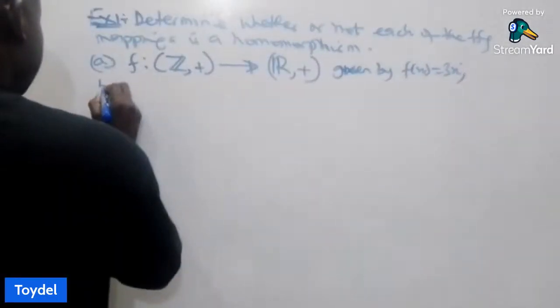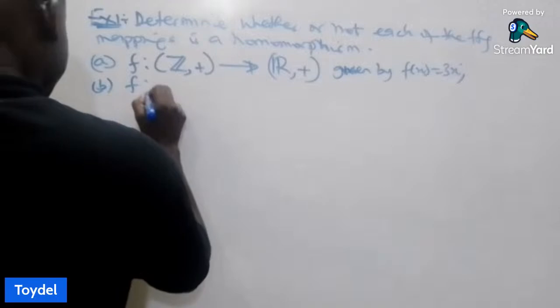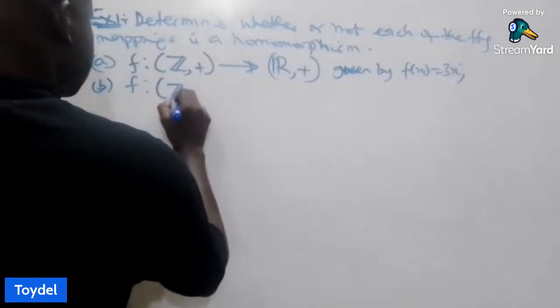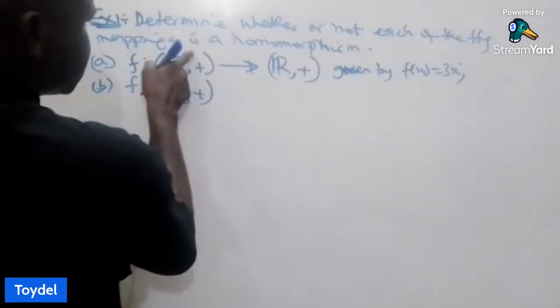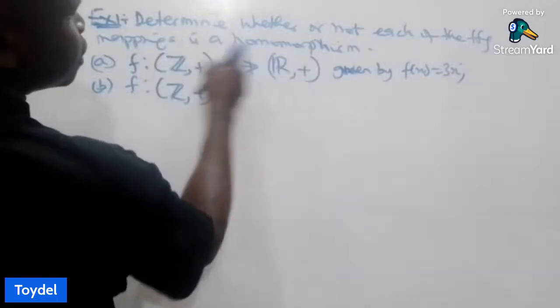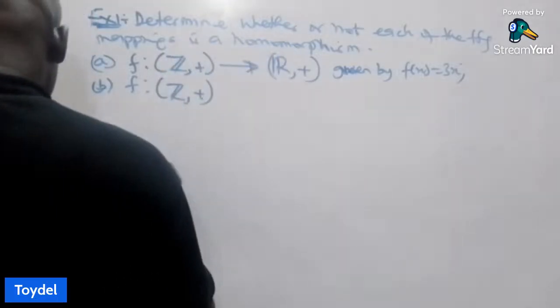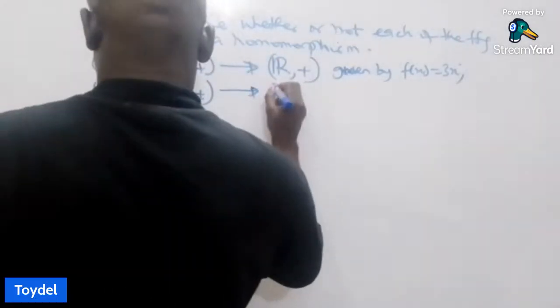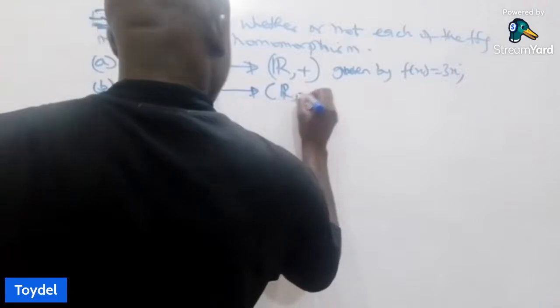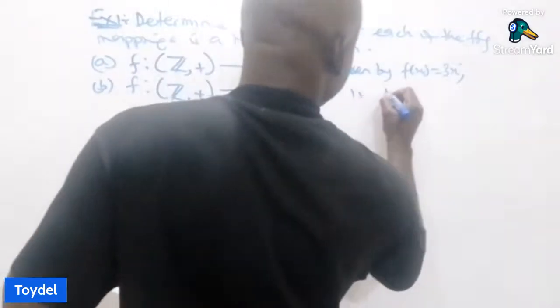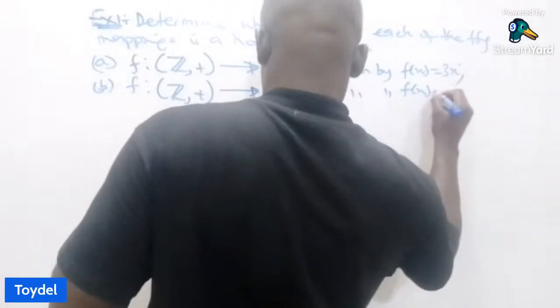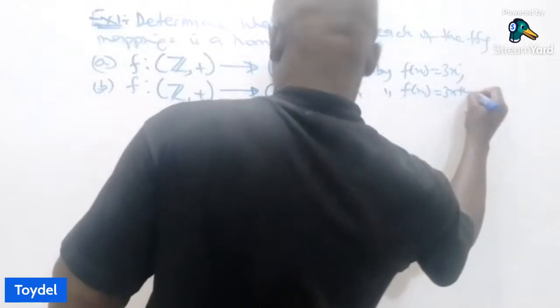And let's see the second one, where we have f from the integers under addition. Of course, these are groups. This is a group, this is another group. Addition, given by f of x is equal to 3x plus 4.